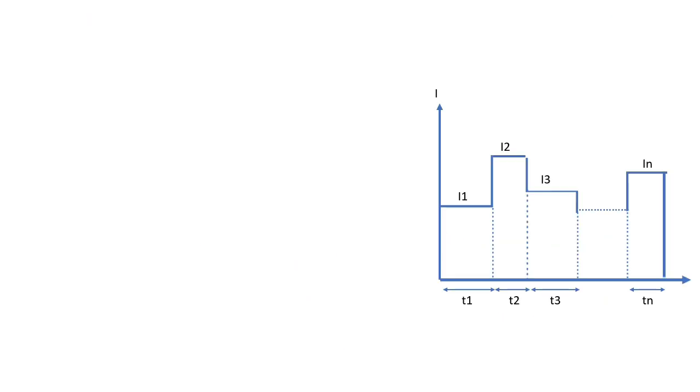We have a load profile like this. Here I1 is the load current for the T1 interval, I2 is the load current for the T2 time interval. Similarly, In is the load current for the Tn time interval.